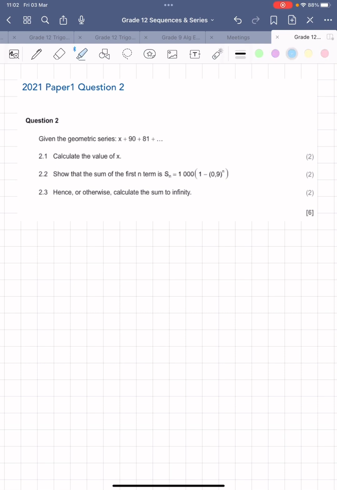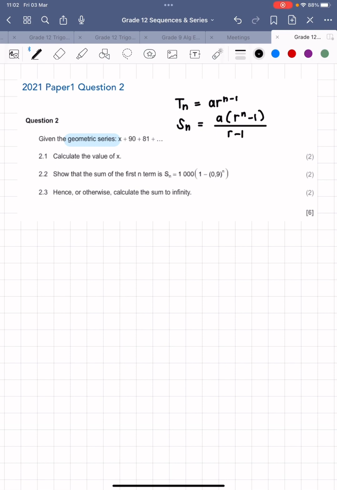So they're saying given the geometric series, now we know that if it's geometric we are going to work with two formulas. We're going to work with this term formula, and then we're going to work with this sum formula. So we have a times r to the n minus 1 over r minus 1. That is one form of the formula.